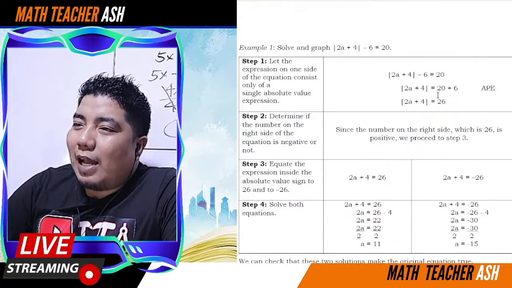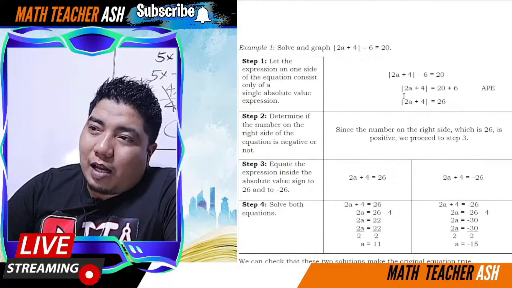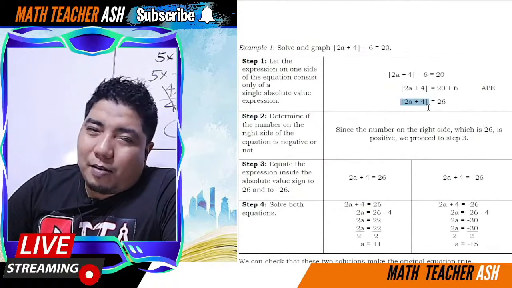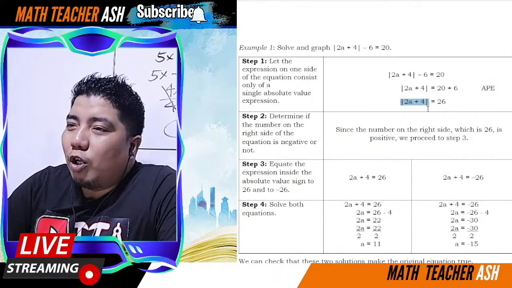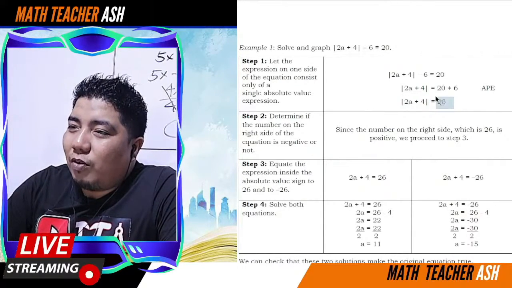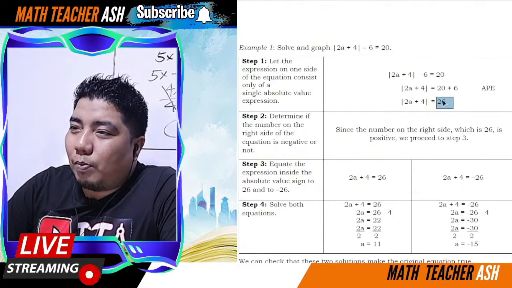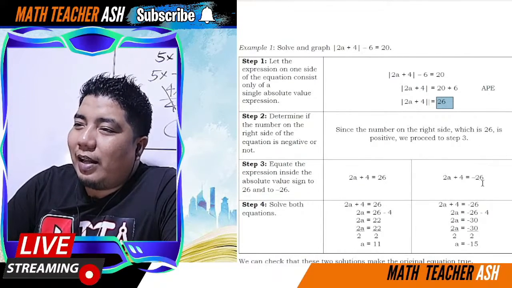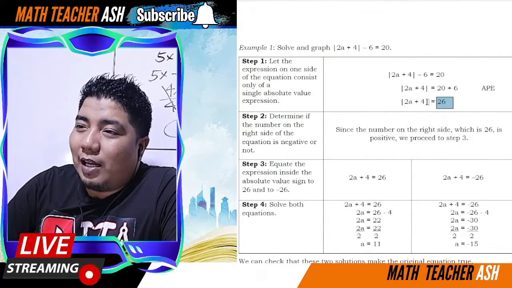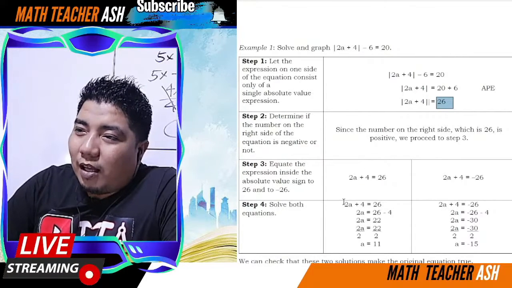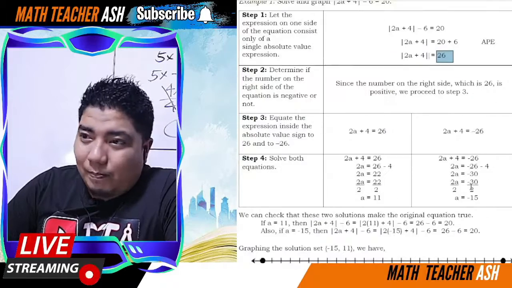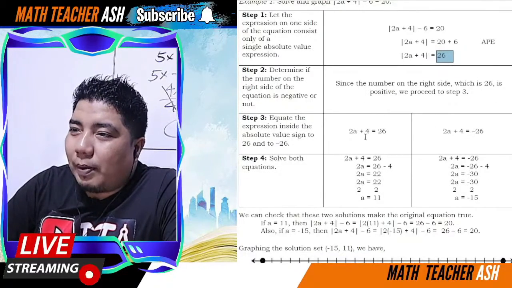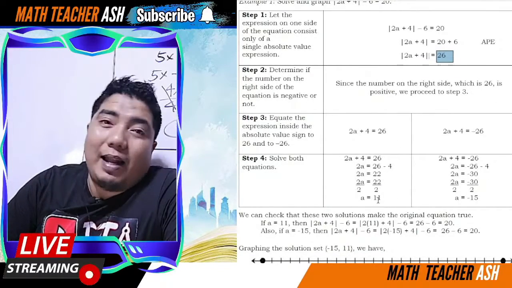Okay. So dahil positive ang right side mo ng iyong absolute expression mo, so you get the value positive and negative here. So positive 26 and negative 26. And then you eliminate your absolute value, copying 2a plus 4 na lang and 2a plus 4. You solve them separately. Okay? So when you solve them separately, your a value here will become 11.